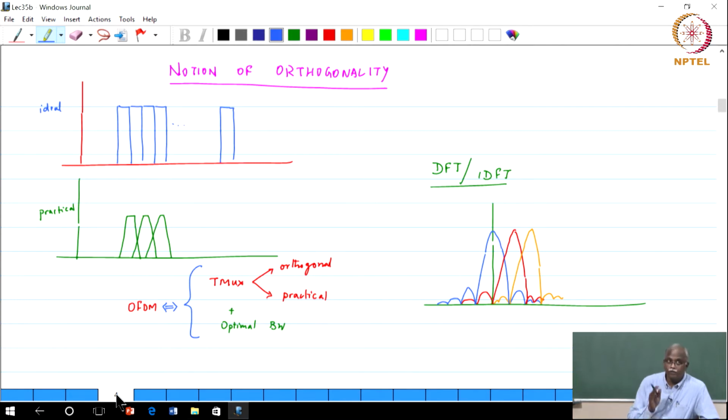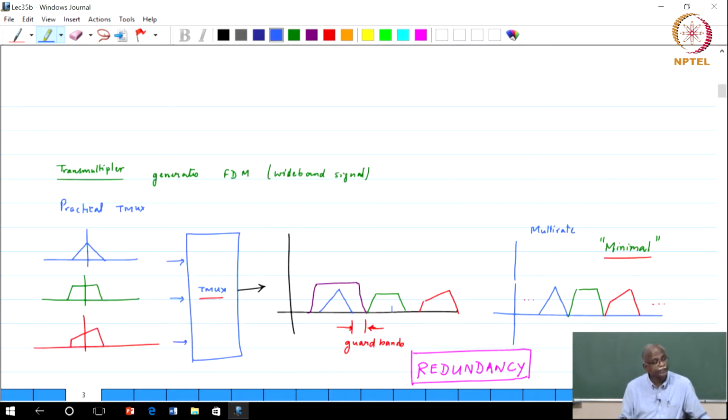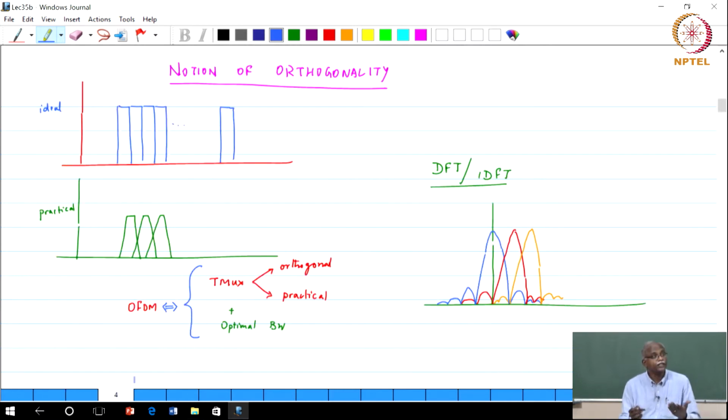Okay. Now redundancy, along with that comes the notion of orthogonality. Basically we want to be able to establish these signals independent of each other, these narrowband signals. So we are looking for ways of separating them. Of course separating them in frequency is one way, as long as they do not overlap, there is a notion of orthogonality in frequency, I should be able to separate.